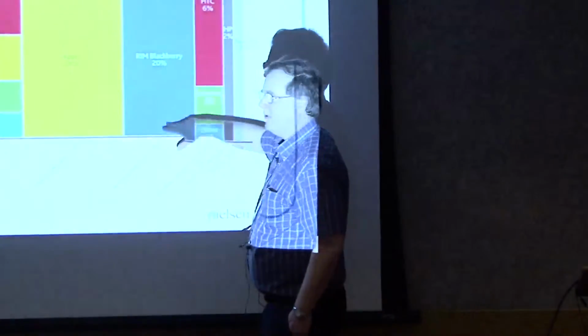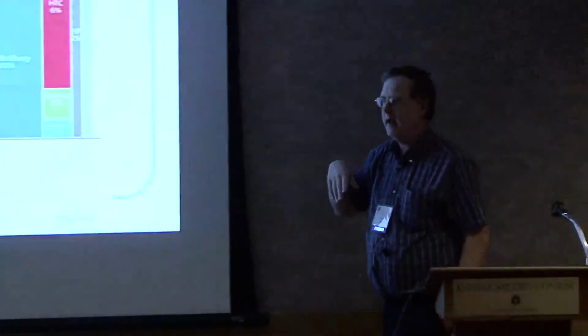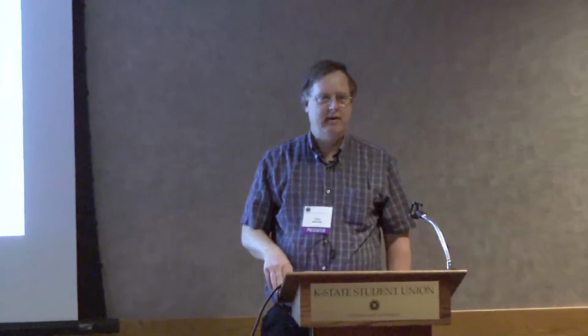Relatively few students are represented in the BlackBerry share. It makes a lot more sense to say, how can I build something that will work generally? How do I find something that is friendly to mobile platforms and works in general for lots of different things?